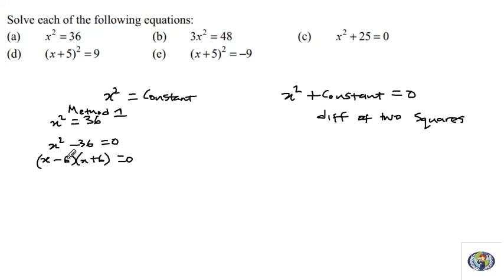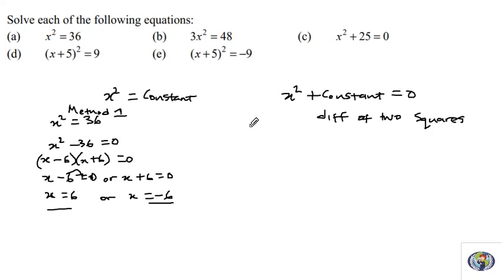Then therefore, you can proceed and say this is x minus 6 equals 0, or x plus 6 equals 0. And then this should give you your two beautiful answers. Since we're taking this one to the other side, this should give you a positive 6 or x equals negative 6. These are your answers.